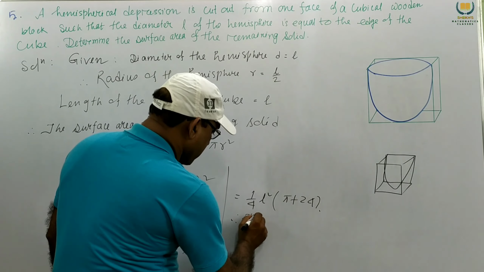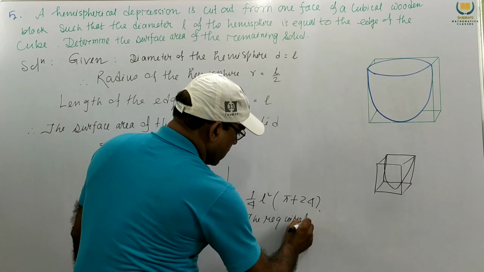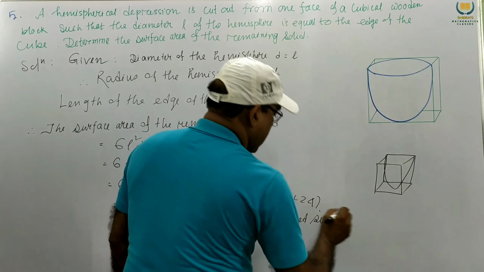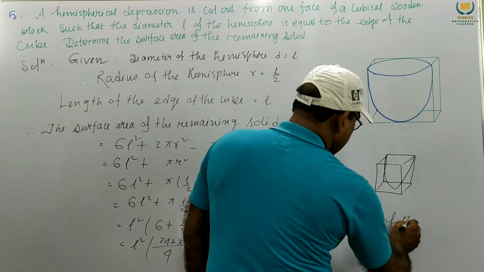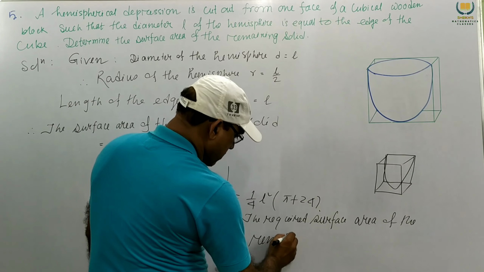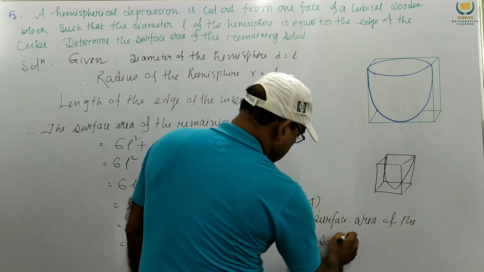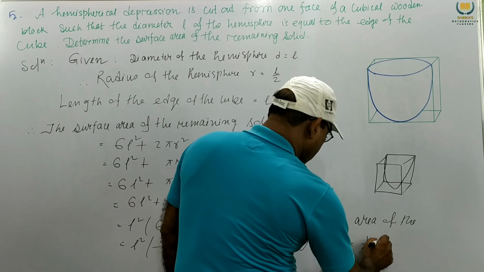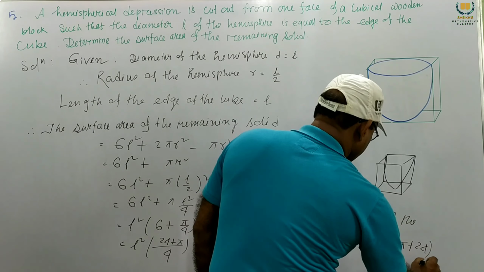Therefore, the required surface area of the remaining solid equals 1 by 4 L square times pi plus 24.